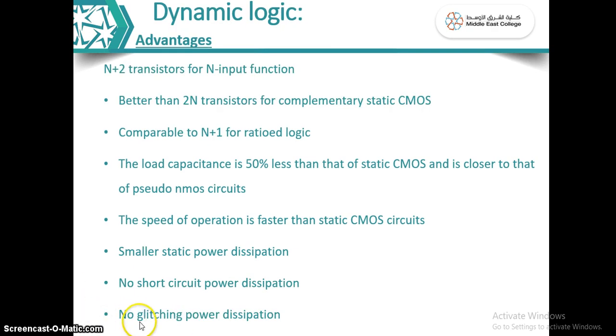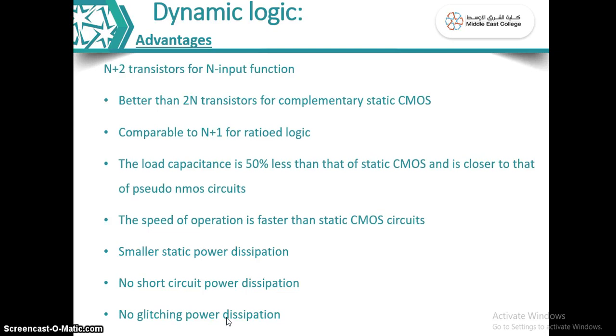The last advantage is that there is no glitching power dissipation. In static CMOS circuits, if we keep on changing the inputs, or in a multi-level network, the inputs can arrive at different points of time. That may lead to the output changing from 0 to 1 or 1 to 0 before settling down to the final value.